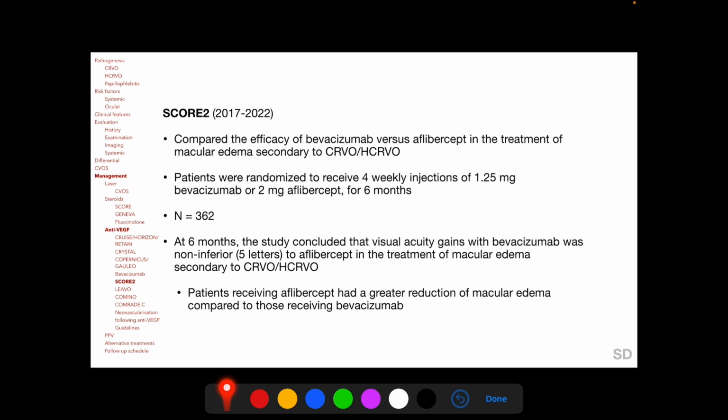At 6 months, the SCORE2 concluded that visual acuity gains with bevacizumab was non-inferior to aflibercept, with the non-inferiority criteria set at 5 letters in the treatment of macular edema secondary to CRVO and HCRVO. But patients receiving aflibercept had a greater reduction of macular edema compared to those receiving bevacizumab.